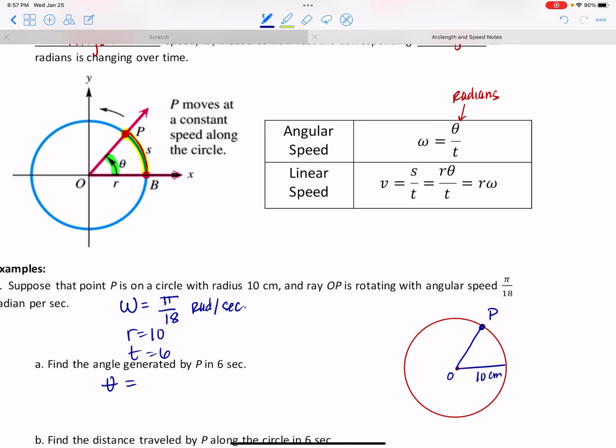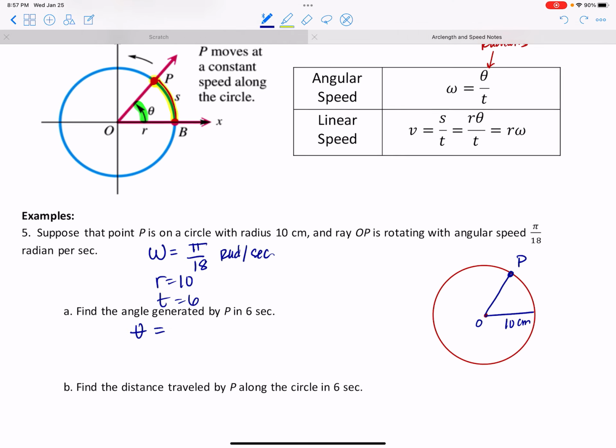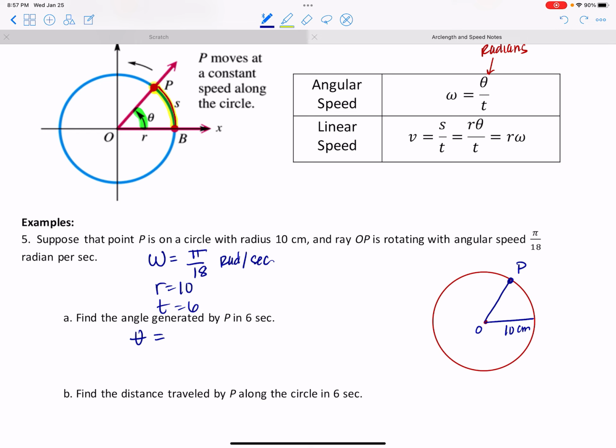I'm going to get it from this version of the formula here, just like I can manipulate distance and rate and time. Let me erase this. So that formula says that omega is equal to theta divided by t, by time, which means if I multiplied both sides by t, I could say that theta is equal to omega times t.